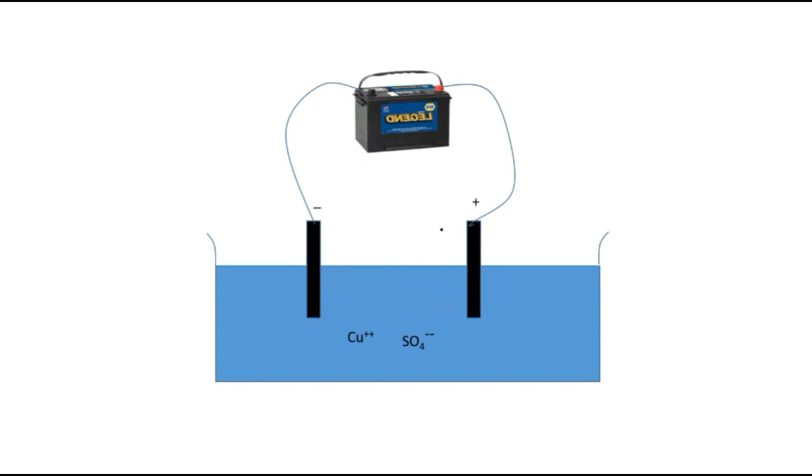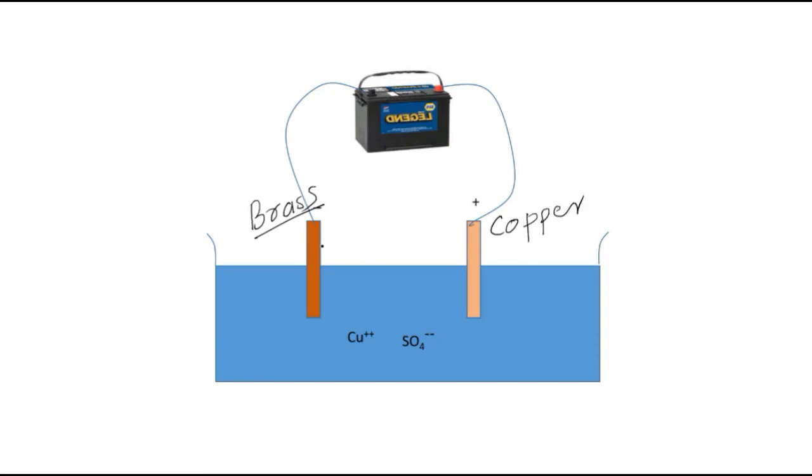Suppose you take copper as a positive electrode, right? Let us take copper as the positive electrode. So we shall replace this by copper, and then some other metal, let's say we'll take brass. So we have taken brass here and copper here.